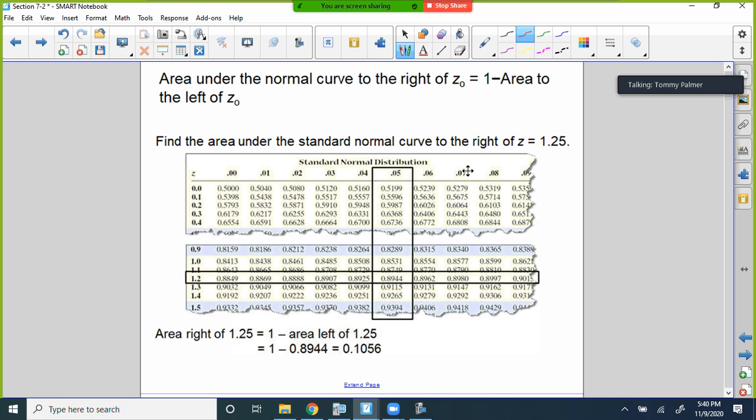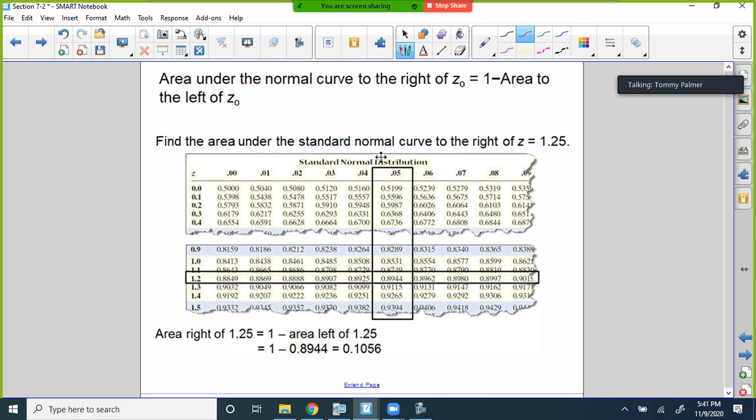Well, I guess there is a particular word for that, and it's not Z naught. Let me think about it. Z sub alpha is what it's called, the area to the right.